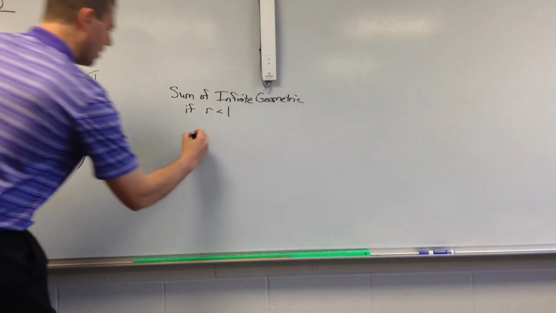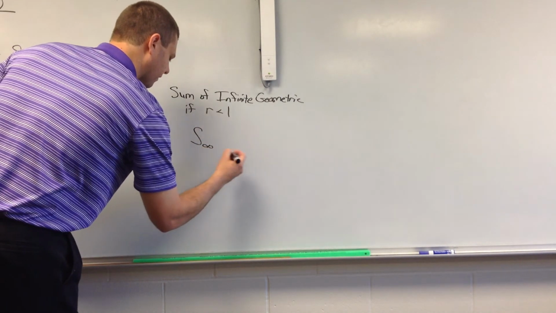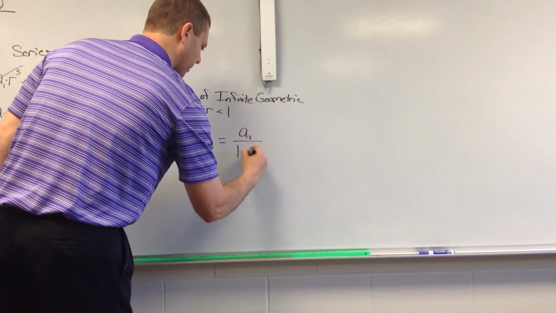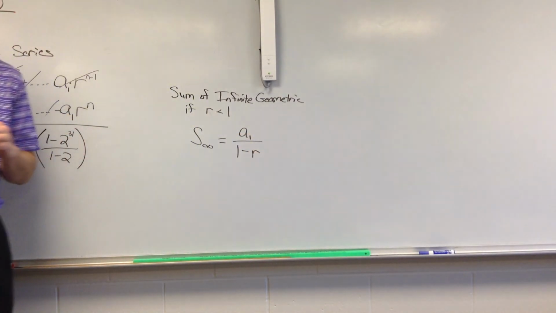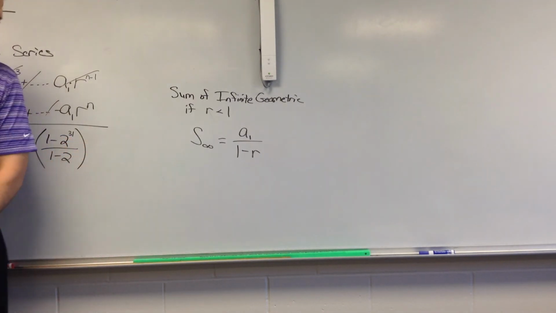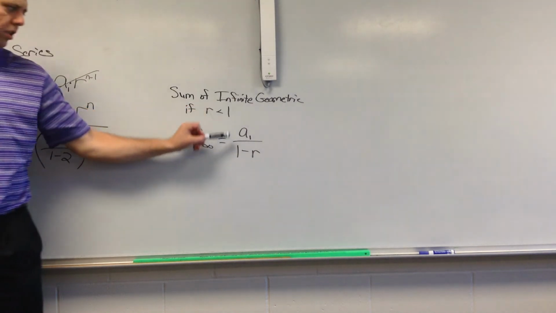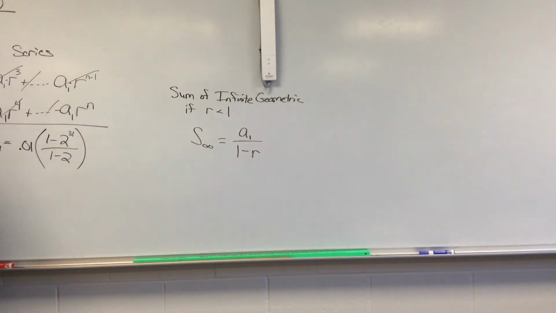The sum of an infinite number of numbers will equal the first term over 1 minus the ratio. The sum of an infinite geometric series will always equal the first term divided by 1 minus the ratio, as long as the ratio is smaller than 1. And I'll talk about that a little bit here after I shut down the video, because we're out of juice.